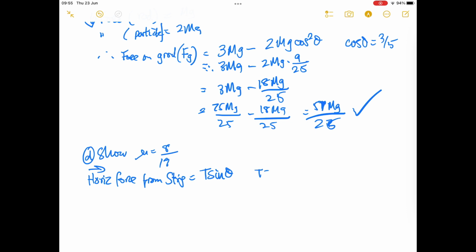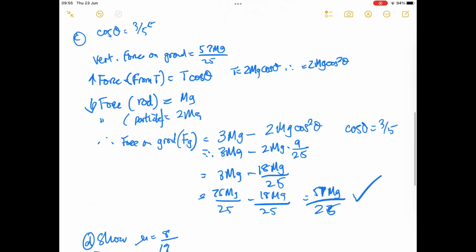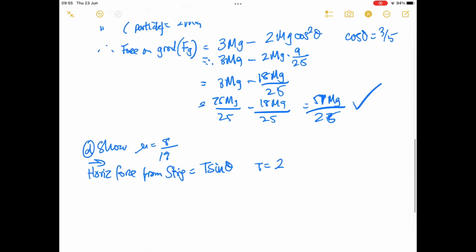And we know what T is, because we just worked that out. It's 2mg cos theta from earlier. So then you've got 2mg sine theta cos theta, or cos theta sine theta. Nice and simple. And you substitute cos theta equals 3/5, sine theta equals 4/5.